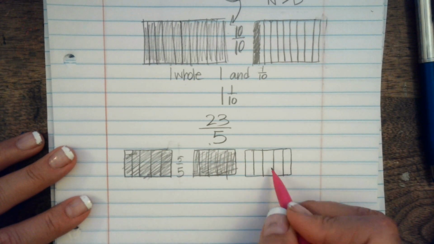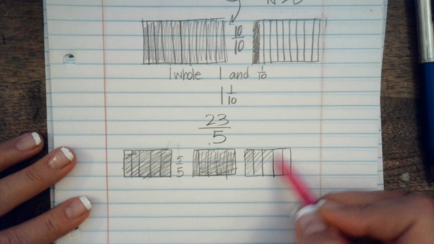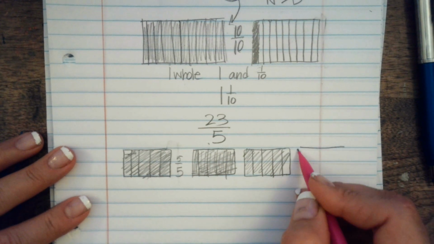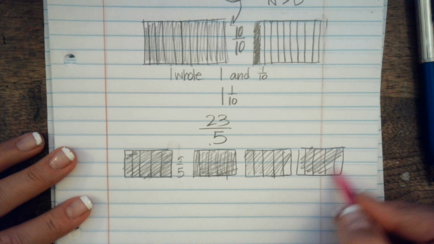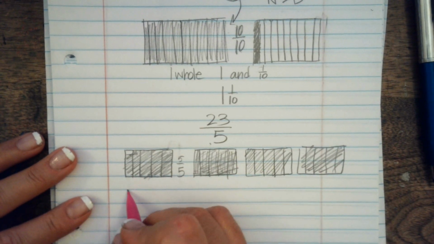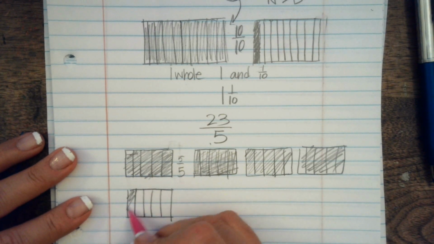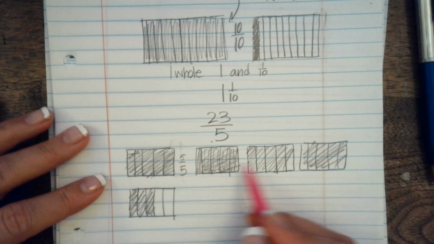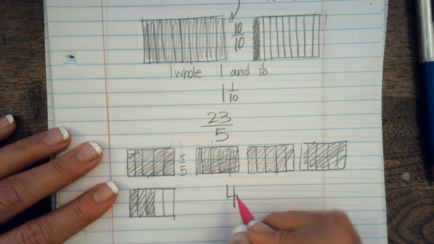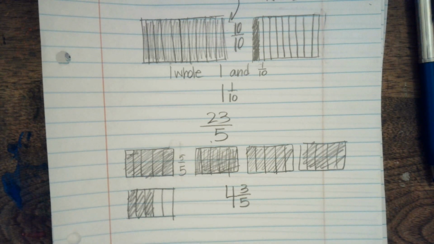I have 10. This would give me 15. You need 2 more boxes, but only fill one of them up with 3 though. Yep. So we have 5, 10, 15, 20, and then you said the last box I just fill with 3. So 1, 2, 3. So I have 1, 2, 3, 4 wholes, and then 3/5 of my last box. So that's a mixed number.